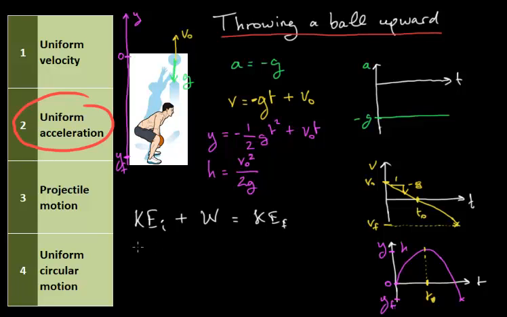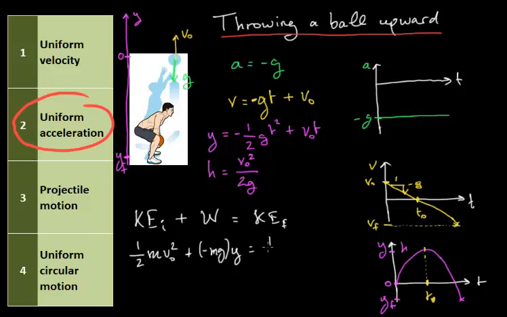So the kinetic energy at the beginning is 1/2 m v0 squared. There's only one force doing the work here, and it's the weight, a downward mg, so downward mg times the displacement. Here we have what expresses the gravitational potential energy doing work on the system, minus mgy.